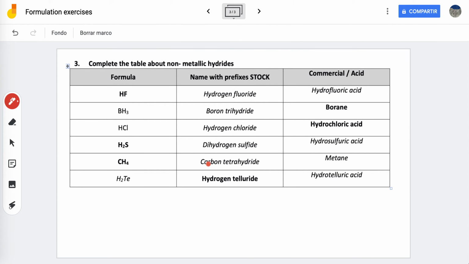Next, we have these elements. This column is the commercial and acid names of non-metallic or semi-metallic hydrides. We're talking about the 16th and the 17th columns.